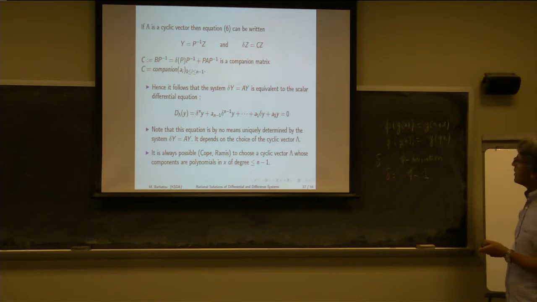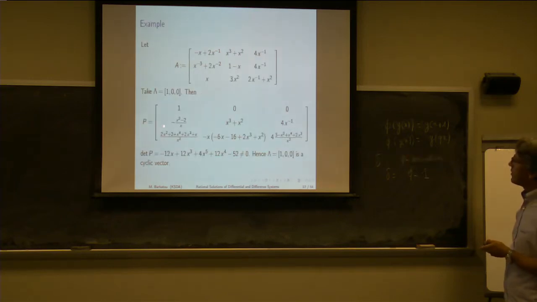Okay, so let me show you an example. You take this 3 by 3 matrix A, and you take, for example, the first vector 1 0 0, and you compute the sequence. Sorry, generically, do you usually find the cyclic vector? If I just make up some random numbers, will it typically give a cyclic vector?